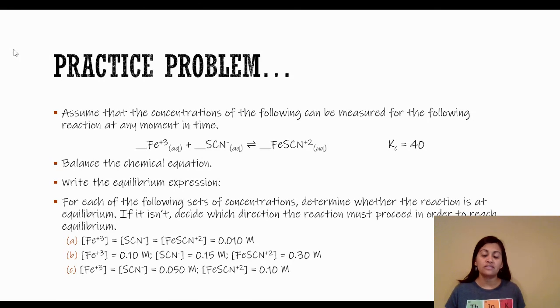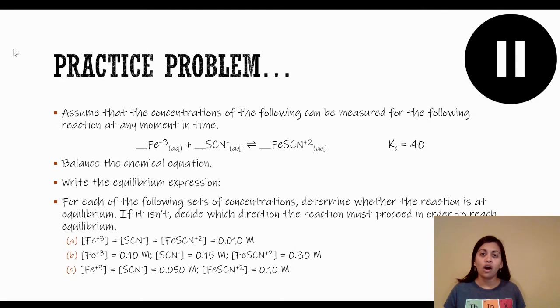So the products divided by the reactants, and then we're going to raise any of the products and reactants by their coefficient. And then we're going to test to see what the constant is going to be at these three conditions for A, B, and C. So I'm going to have you pause at this point and go ahead and get started.